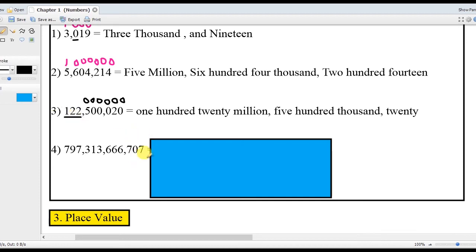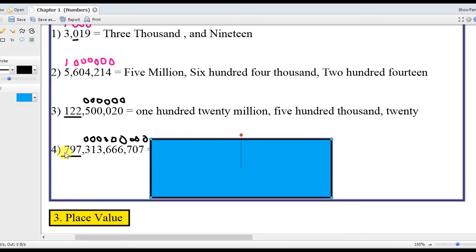Start putting the zeros. So we have 0, 0, 0, 0, 0, 0, and then 0, 0, 0. So we have 9 zeros. If we keep on adding 3 more zeros, but there is no one, it's the same thing. So we'll keep this number as it is. The number here will be 797 followed by nine zeros. So what number will that give you? Billion.